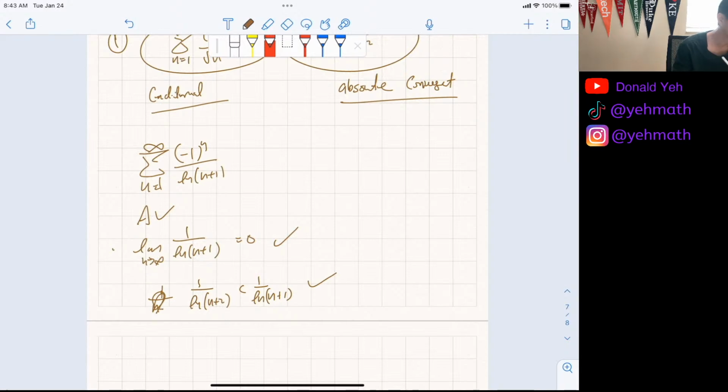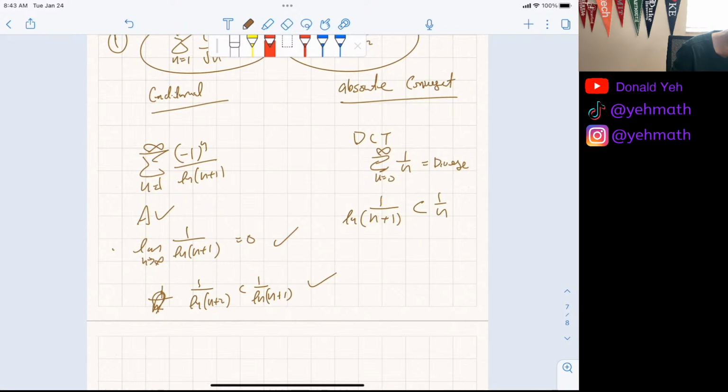So here you have to use direct comparison. What would you compare with? 1 over n. So if you use the DCT, the summation from n equals 1 to infinity of 1 over n diverges, right? And is 1 over ln of (n plus 1) greater or smaller than 1 over n?